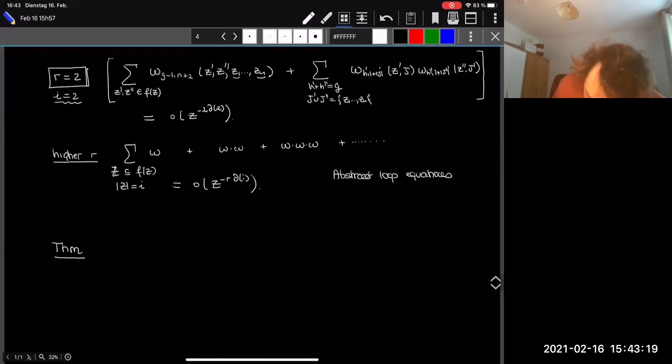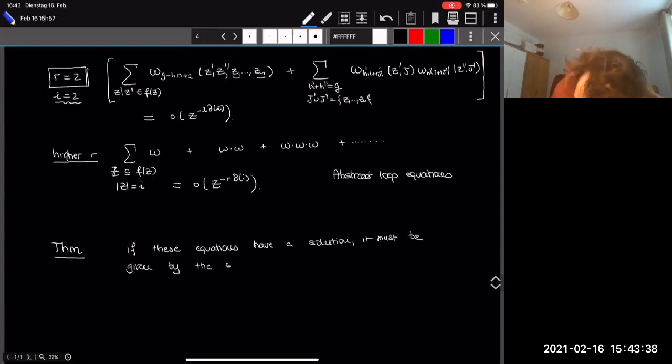So if these equations have a solution, it must be given by the topological recursion, so the spectral curve. Topological recursion.